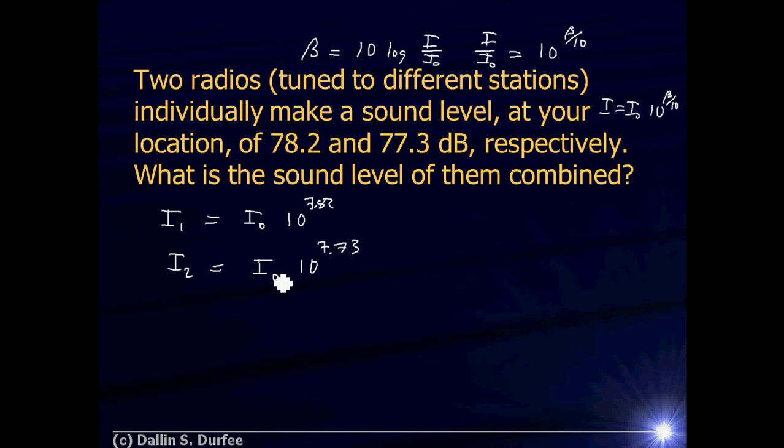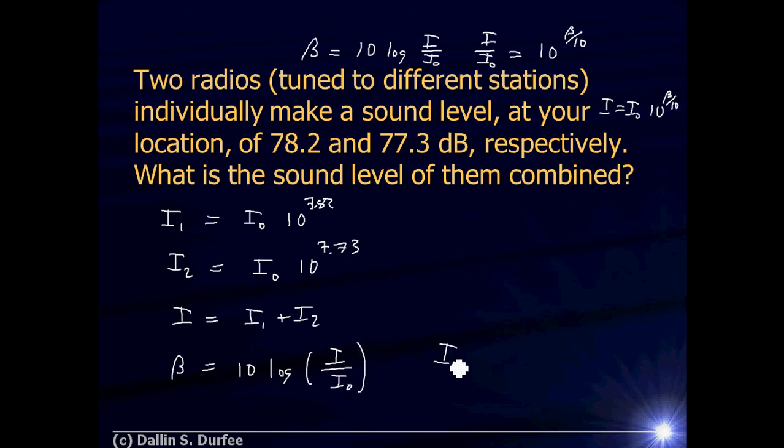I can calculate those, and then the total intensity is just I1 plus I2. And then my sound level is just 10 times the logarithm of my total intensity divided by I naught, which is 10 to the minus 12 watts per meter squared. All right, and then I find my sound level.